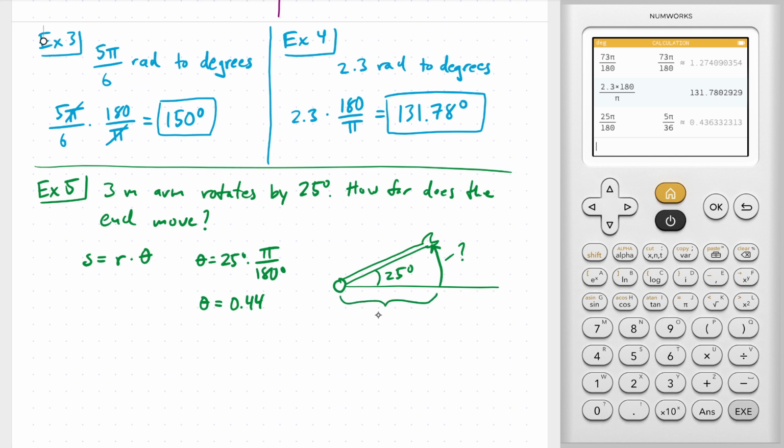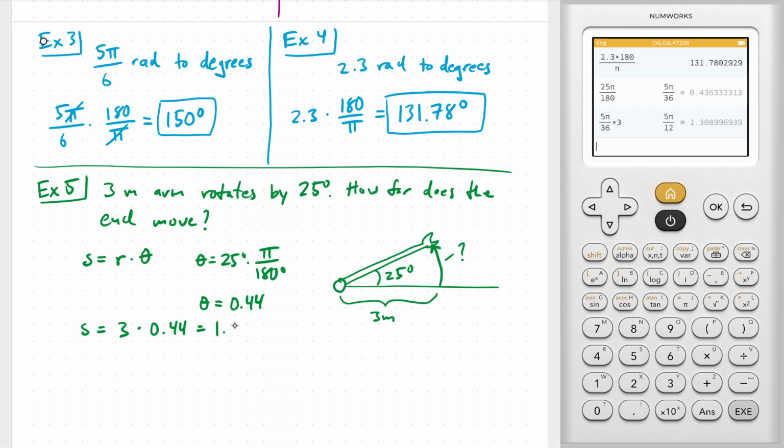Which is given in the problem. The radius is 3 meters. And so S is equal to 3 times 0.44. And so we take that, multiply by 3, and we get 1.31.